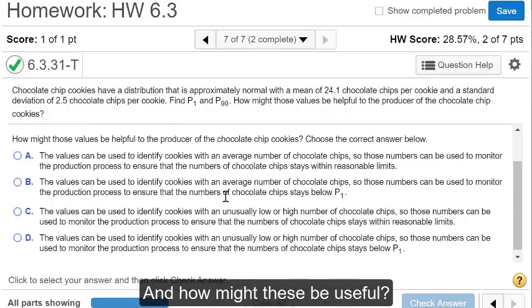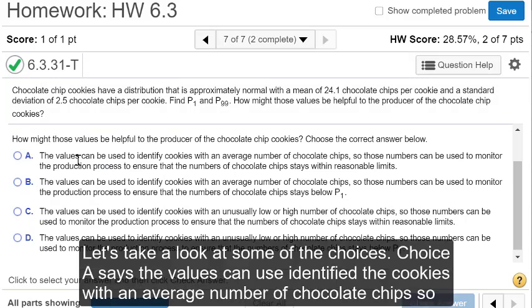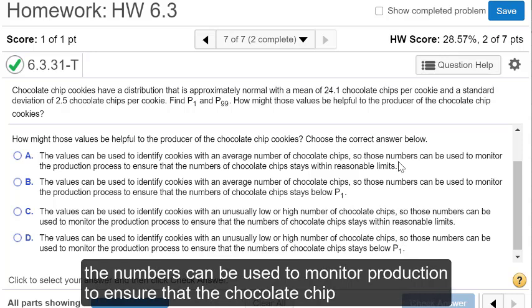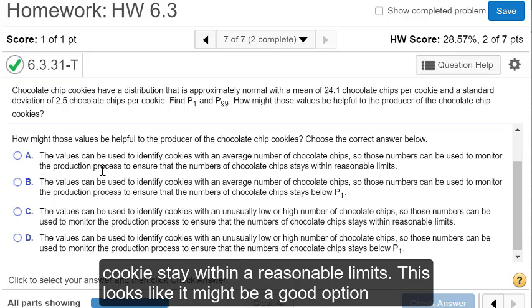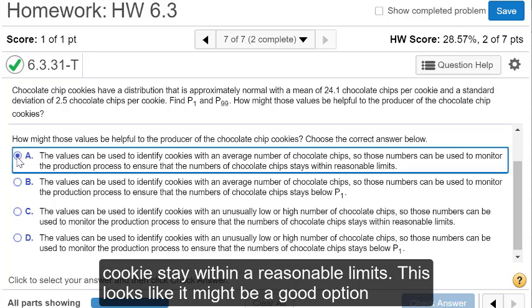And then how might these be useful? Let's take a look at some of the choices. Choice A says the values can be used to identify the cookies with an average number of chocolate chips, so the numbers can be used to monitor the production to ensure that the chocolate chip cookies stay within the reasonable limits. This looks like it might be a good option.